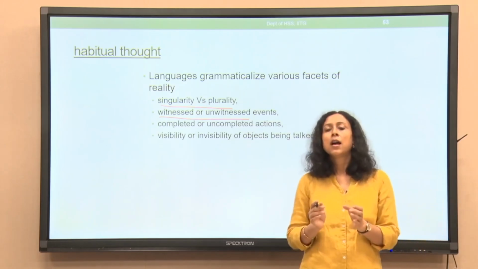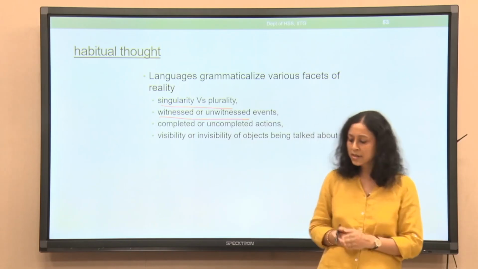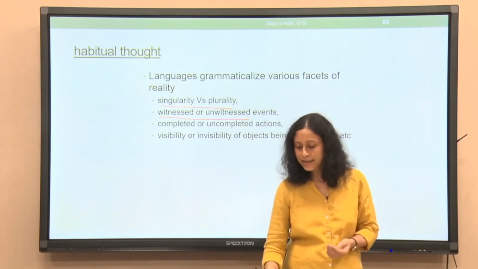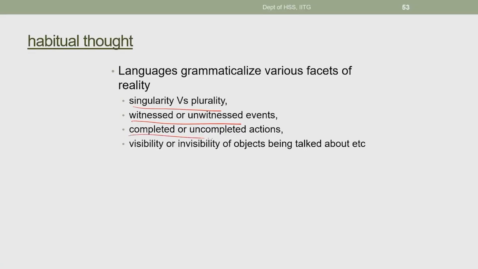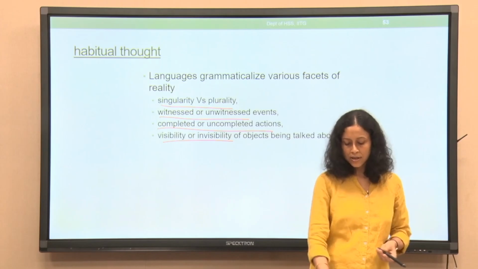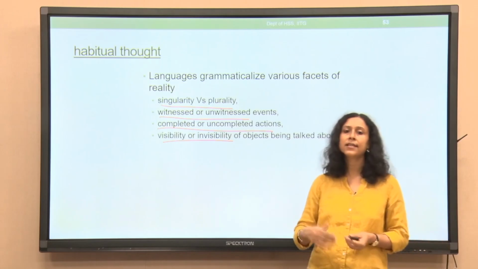This factor, whether the event was witnessed or unwitnessed personally by the speaker, is also grammaticalized in some languages. Similarly, completed and non-completed actions, visibility and invisibility of objects, and so on. There was a three-way distinction between deictic objects like here and there, this and that.